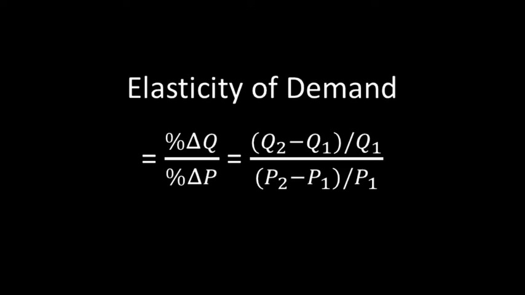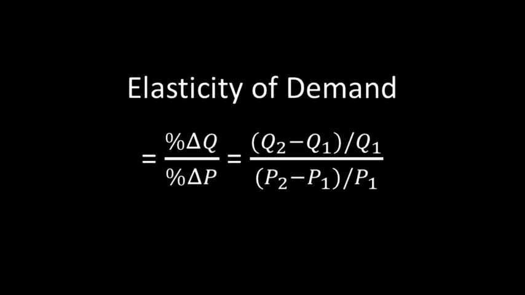If, on the other hand, you decided I'm going to use the $10 as the first price and $15 as the second price, then if you move from $10 to $15, that's a 50% increase in the price. And so that's what you would plug into the denominator of the elasticity of demand.